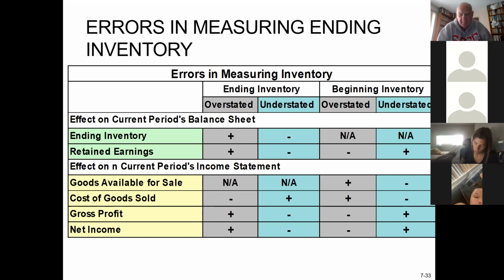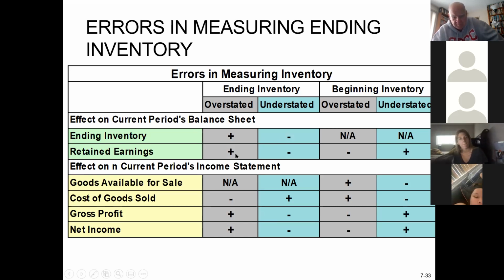If you make a mistake in your month-end inventory, it affects the next month too. The next month is going to be wrong by the same amount, but in a different direction. Now, isn't that interesting? If your inventory is overstated in January, your ending inventory will be understated in February.